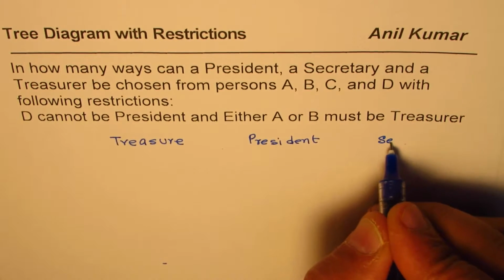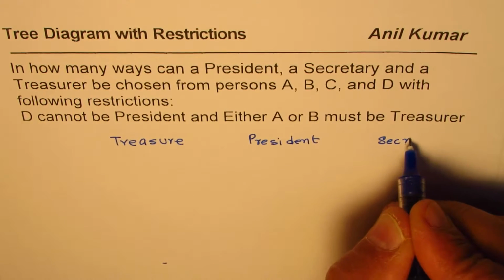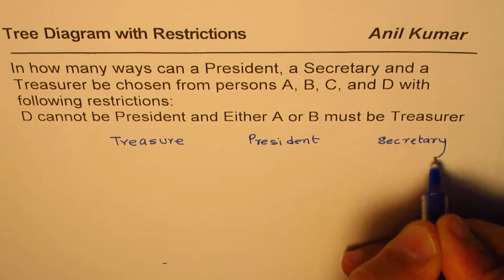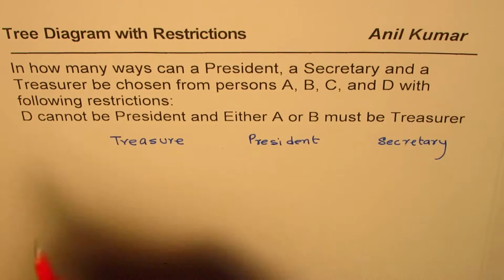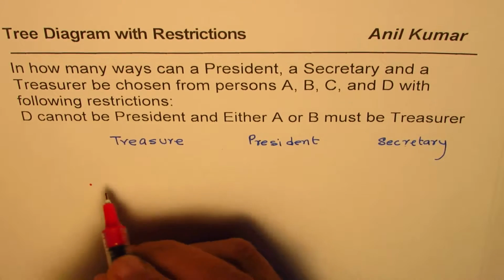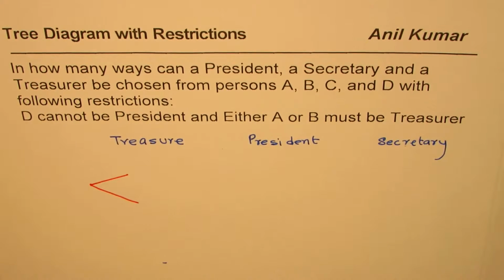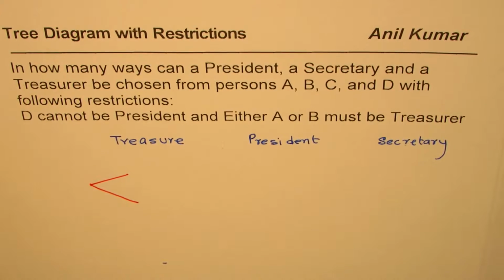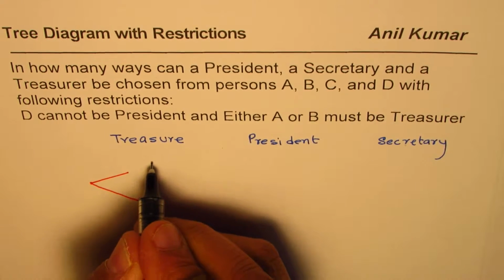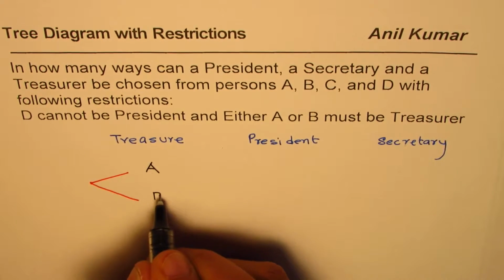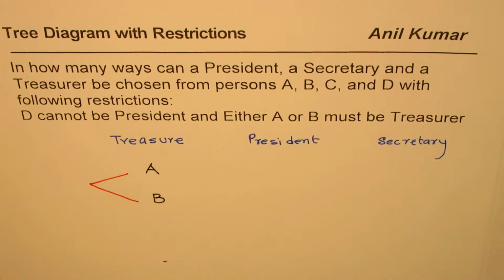Okay, so let's see what we get. To start with, we have 2 possible persons who could be treasurers, right? So these persons are A and B. So let me write down A and B here. So we have A or B as treasurers.